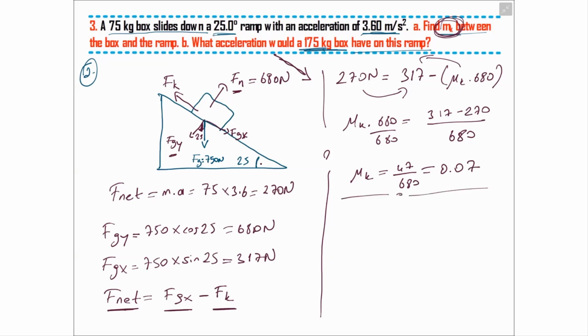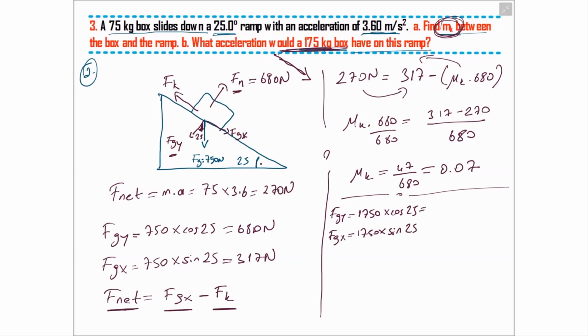At part B it says, what acceleration would a 175 kilogram box have on this ramp? So we have to calculate Fgx and Fgy again. So Fgy will be now 1750, because we have a new weight, that means we have a new mass, times cosine 25, and Fgx is 1750 times sine 25.